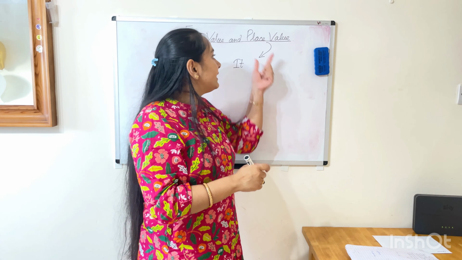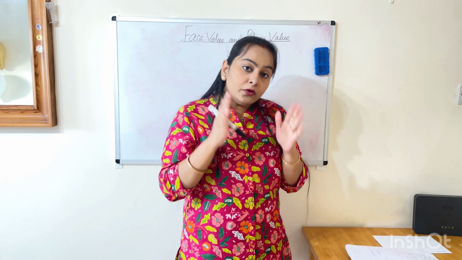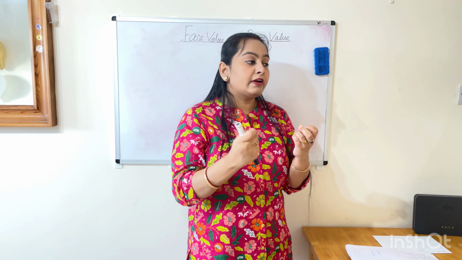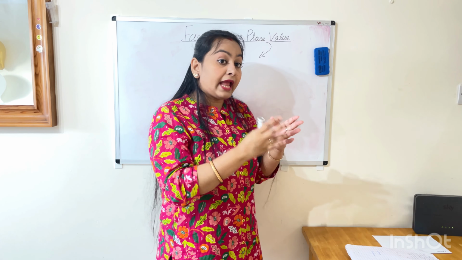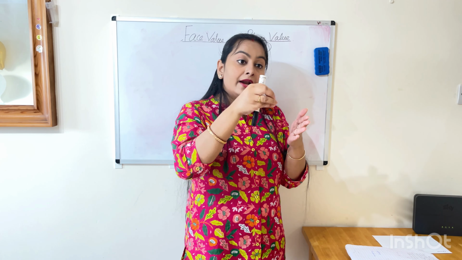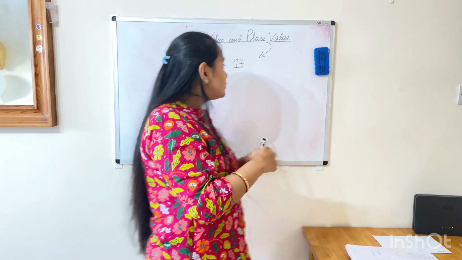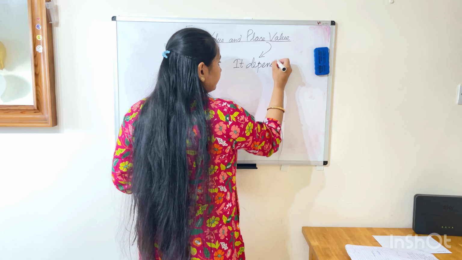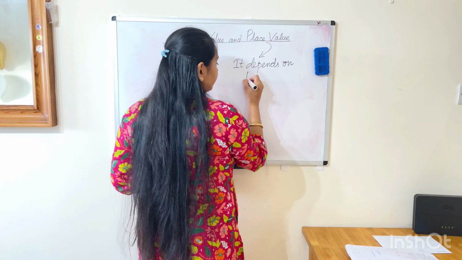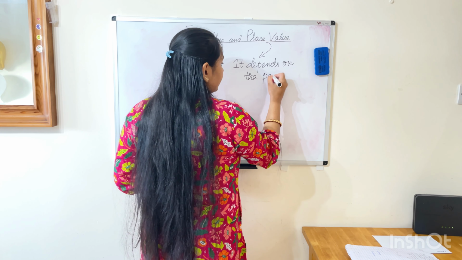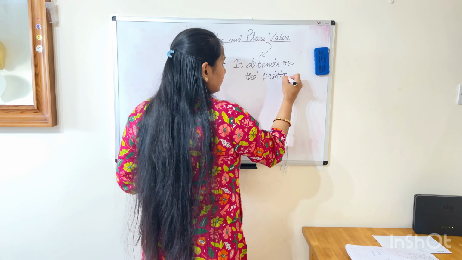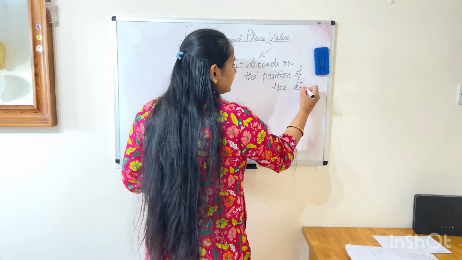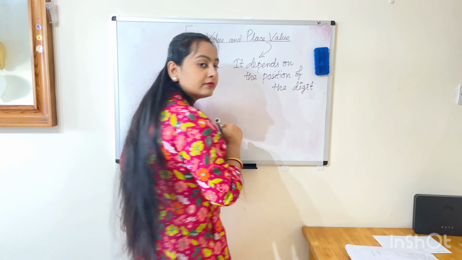But here in case of place value, always the particular digit's place value depends on the position, at what position it is placed. So it depends on the position of the digit, of that particular digit, right?